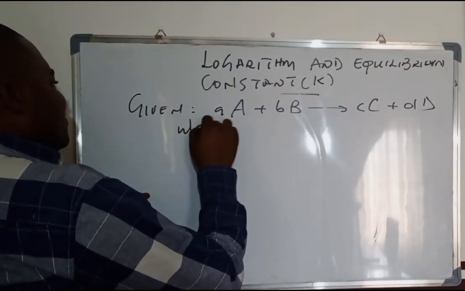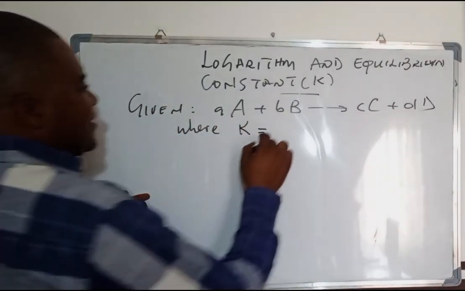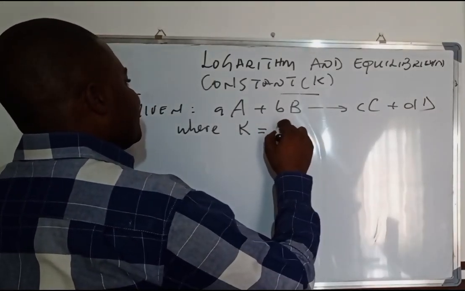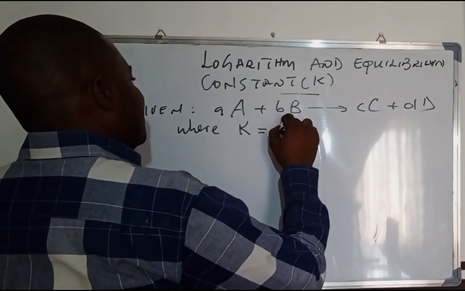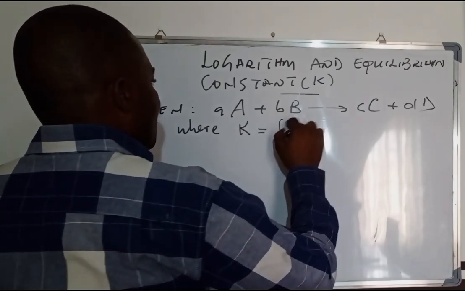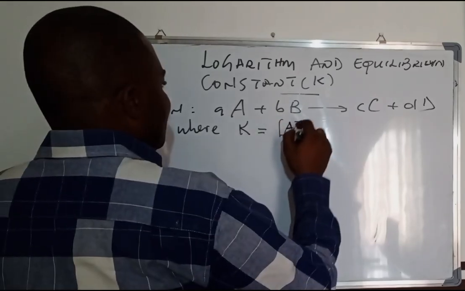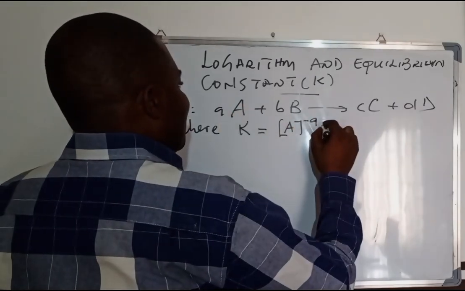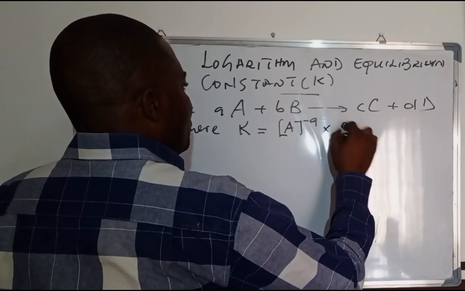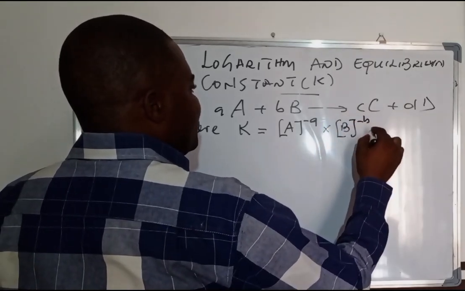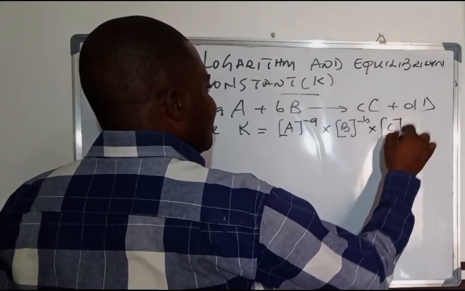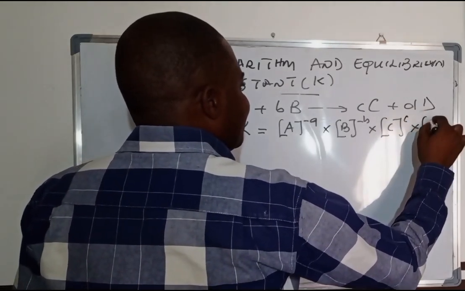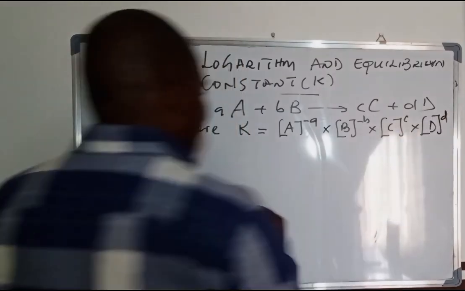And we are told that K, which is the equilibrium constant, is given as the concentration of A to the power of minus a, the concentration of B to the power of minus b, the concentration of C to the power of c, the product, and D to the power of d.